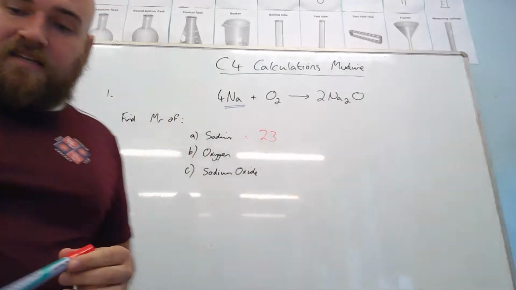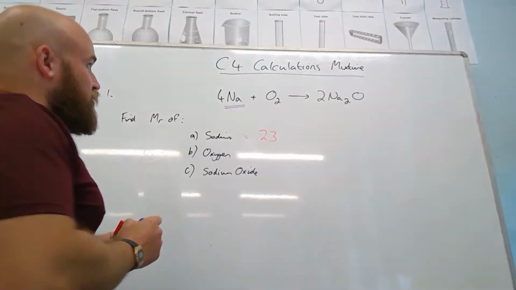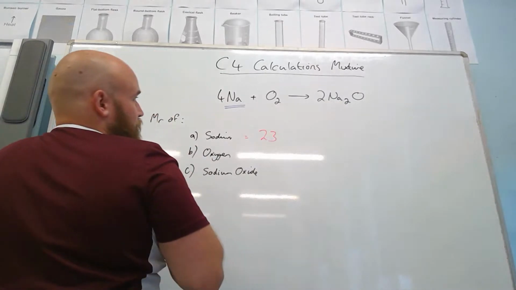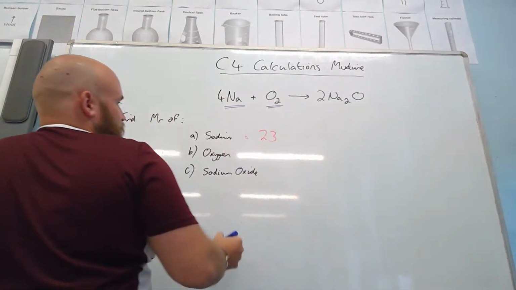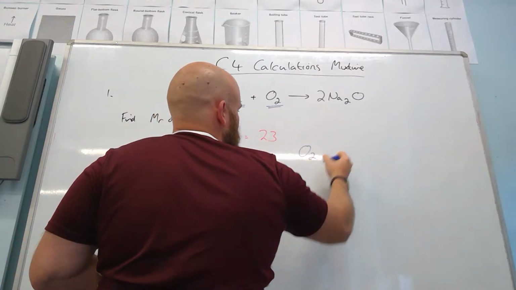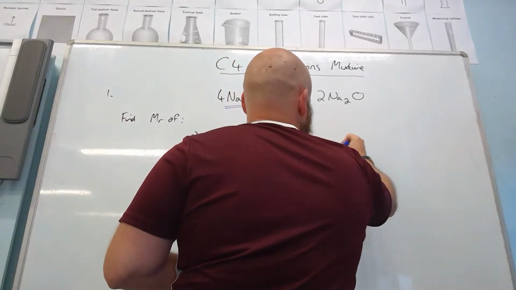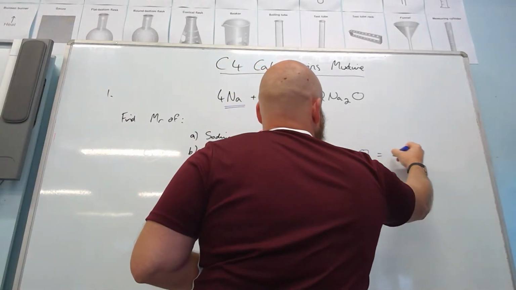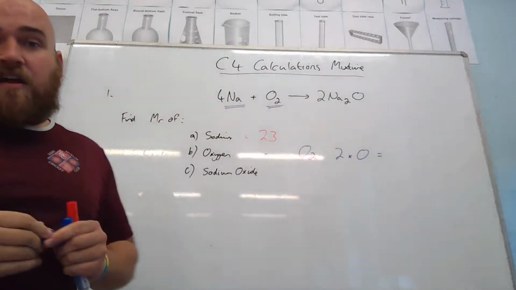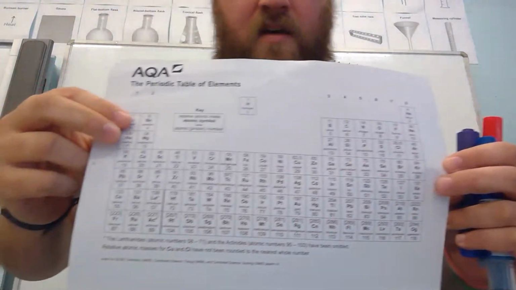And oxygen then, let's find oxygen in this. So oxygen must be that or that. Hopefully you can see that it's that. So what is the Mr of oxygen? Well, oxygen is O2, so I need to count how many atoms are actually in it. There are 2 oxygen atoms. If I go back to the periodic table, where is oxygen?